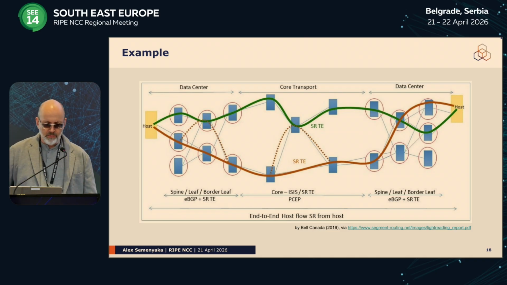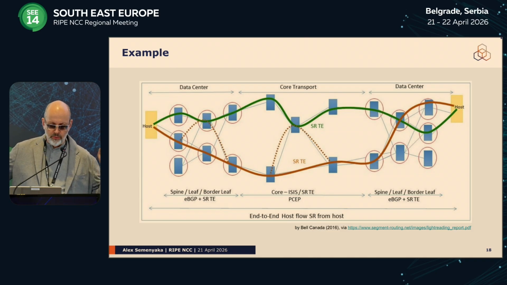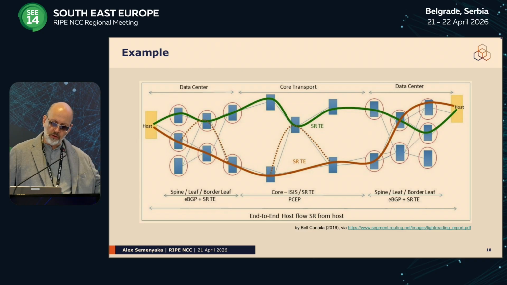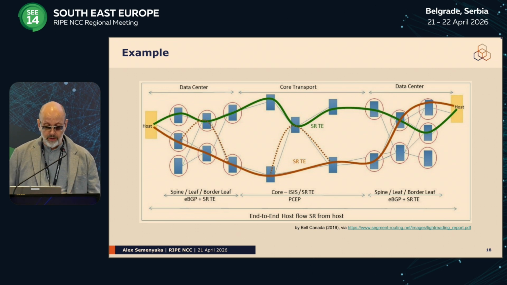Unfortunately, the dream: how two hosts can be connected through the segment routing network with two data centers on the left and on the right, and some core network in between, and everything is controlled by segment routing.